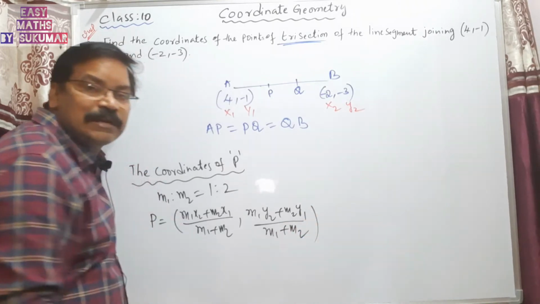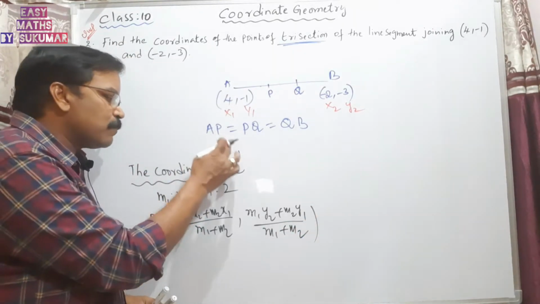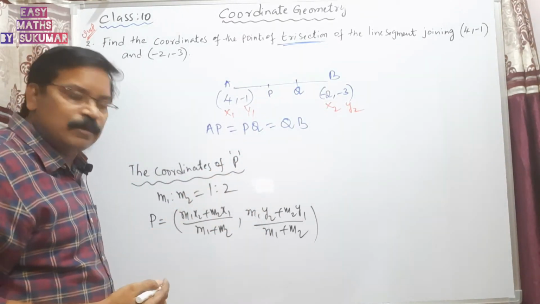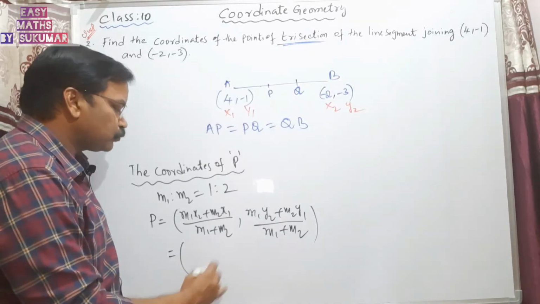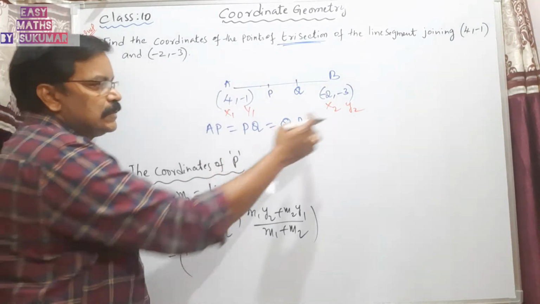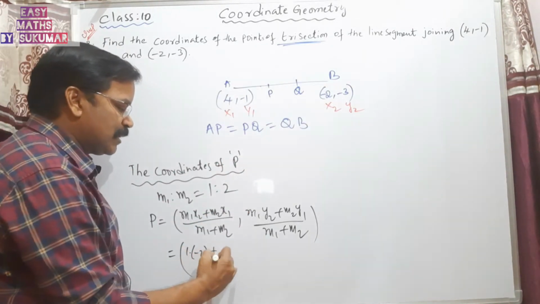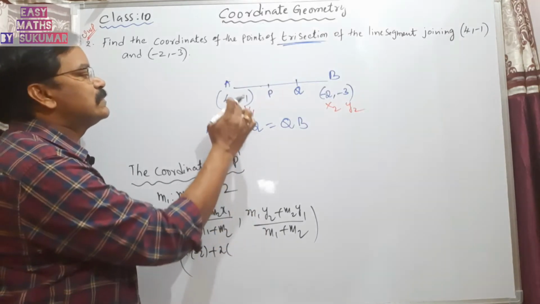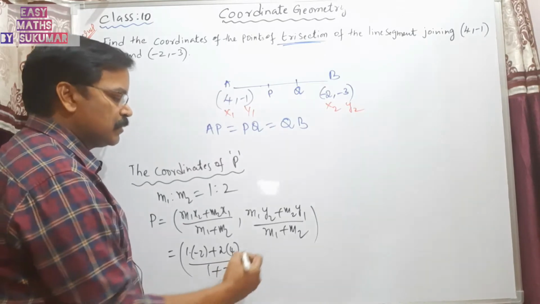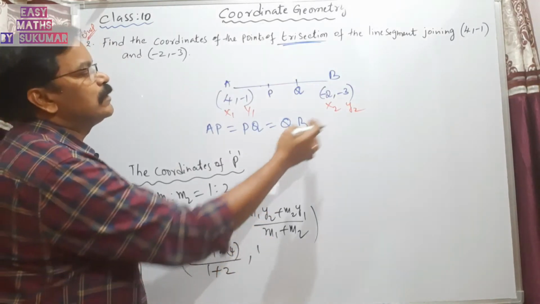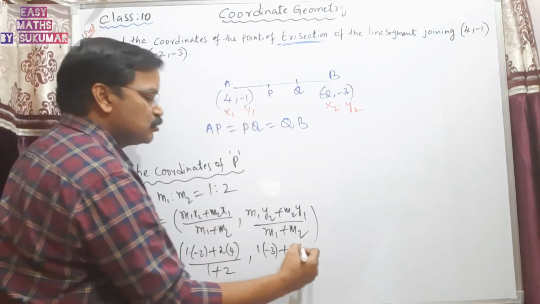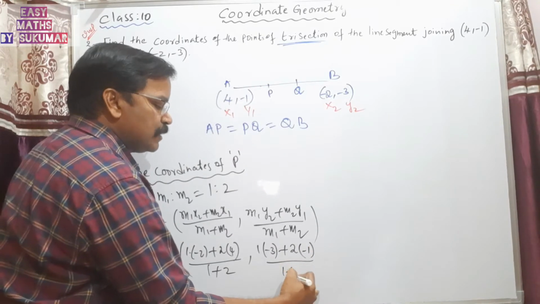So my dear students, let us substitute the values of M1, M2 and x1, y1 and x2, y2 in this section formula. So P is equal to, M1 is 1, M2 is 2. That means 1 into x2, which is minus 2, plus M2, which is 2, into x1, which is 4, by 1 plus 2, comma, M1, that means 1 into y2, which is minus 3, plus M2, which is 2, into y1, which is minus 1, by 1 plus 2.